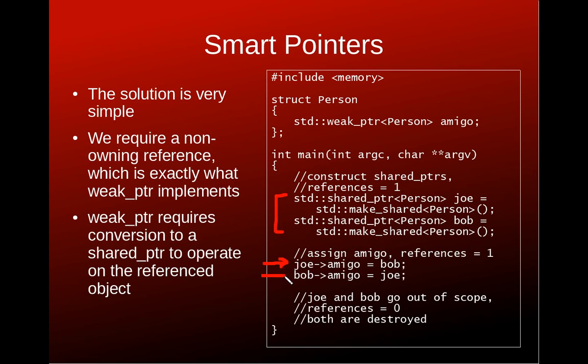And similarly, when we set Bob's amigo to Joe, references to Joe does not increase. So then when we go out of scope in main, okay, references is decremented because Joe and Bob, those shared pointers, are both destroyed, and when they're destroyed they will decrement the references, and so references will be 0 at that point, so both will be destroyed.